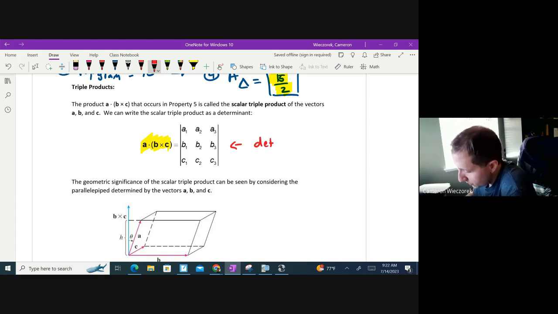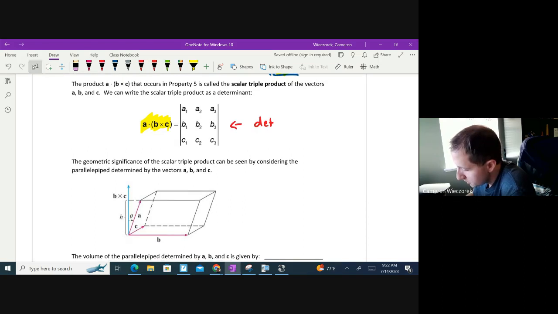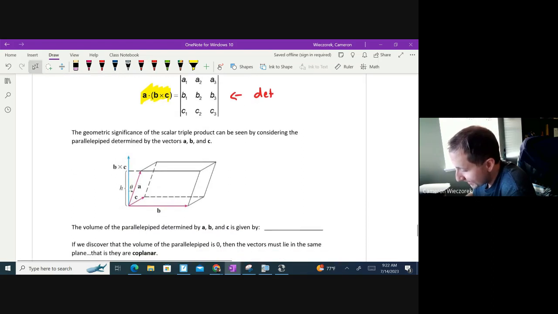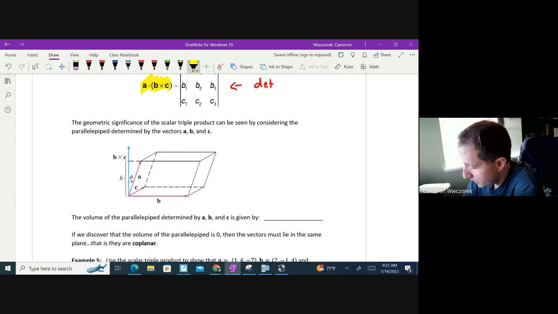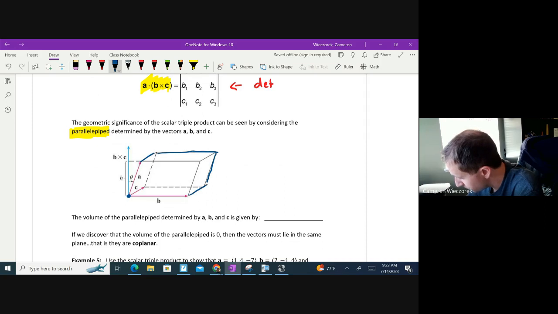Geometrically, why do we care about this? The geometric significance of the scalar triple product is that it gives you the signed volume of the parallelepiped. I'll show you how you can make sure to make it positive in a minute. It gives you the signed volume of the parallelepiped determined by the vectors A, B, and C. So if I have 3 vectors here, all starting from this point in the bottom left corner, A, B, C, you'll see that this makes up a little 3-dimensional prism where all of the faces are parallelograms.